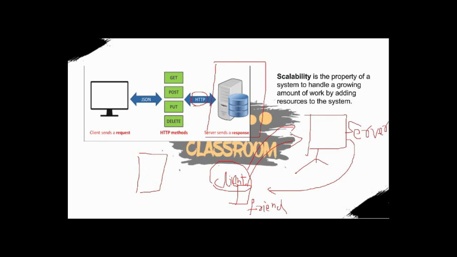If the server agrees that okay, you can use my algorithm, it says okay, fine, use it, and sends back a status code of 200, saying that this has been allowed.